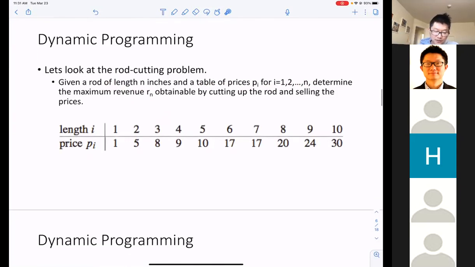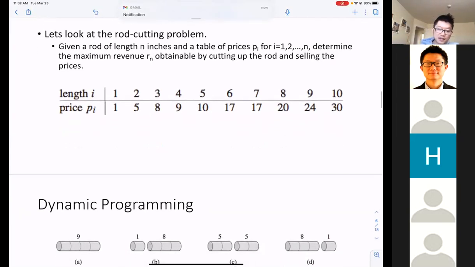This table tells you that if you sell a rod of length 1 inch, you get $1. If you sell a rod of length 2 inches, you get $5. And for a rod of length 3 inches, you get $8, etc. So this table basically tells you the price of a rod of different lengths.